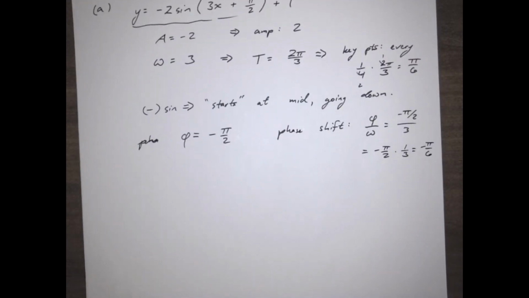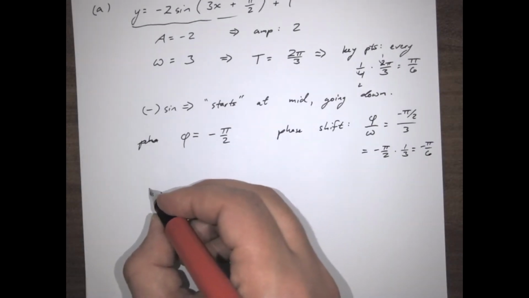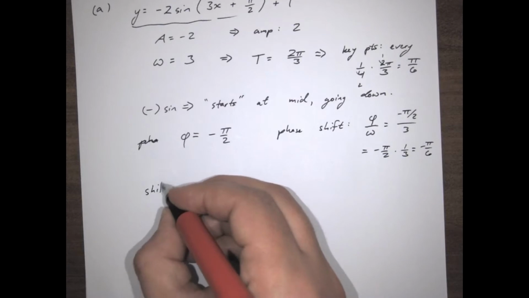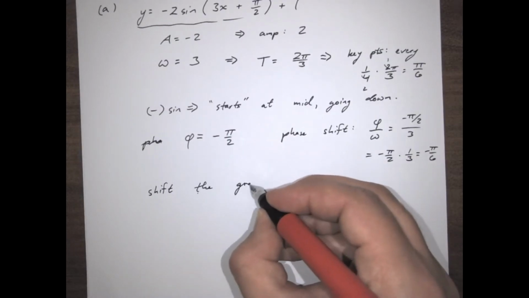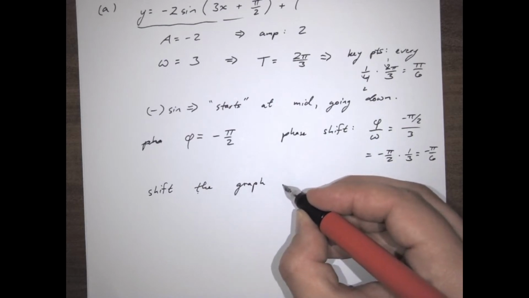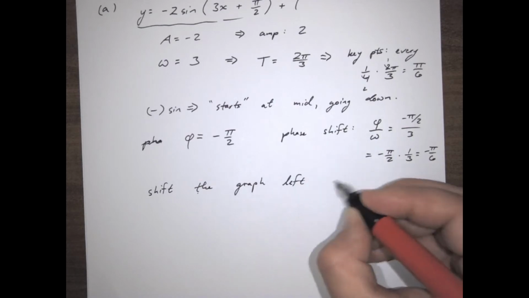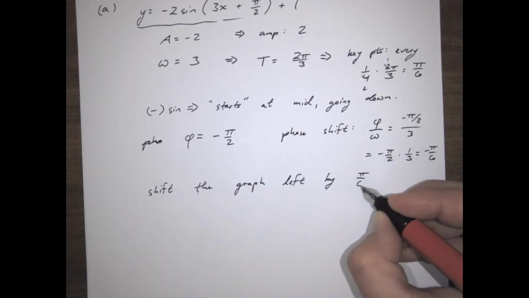So that means that because this is negative, it's going to the left. So shift the graph left by pi over 6.